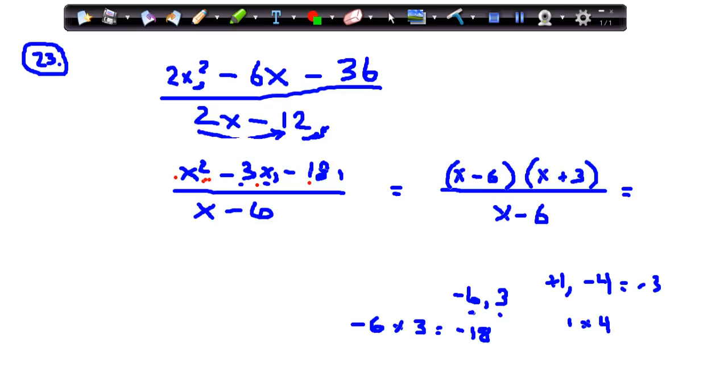Well, the last step is just to cancel out. And then you keep what's left. So what can be canceled? Well, I see an x minus 6 in the numerator, and I see an x minus 6 in the denominator. So we can cancel those. And what are we left with?